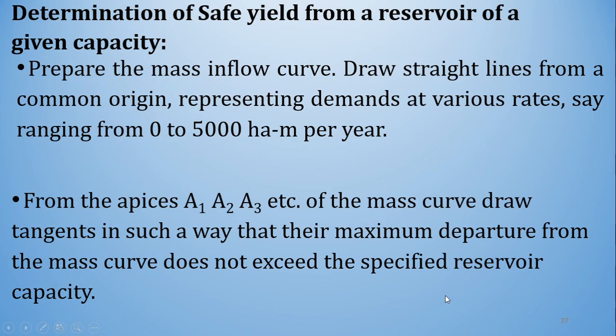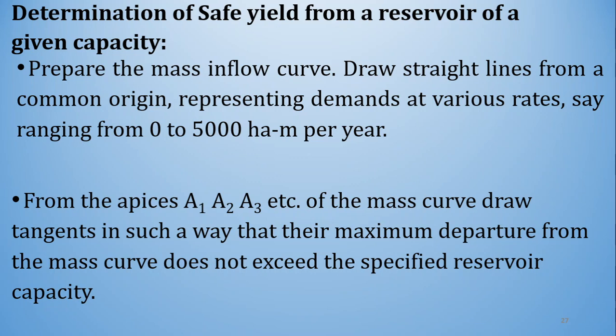So the capacity estimation part is over. Now we have to determine the safe yield from a reservoir of a given capacity. Now the capacity is known to you and you are required to find out the safe yield, how much water you can extract from the reservoir safely without harming it. For that also we have to go graphically.